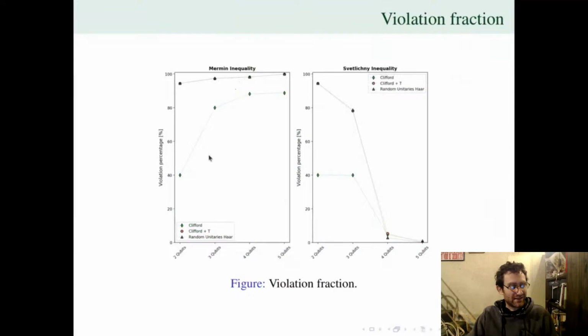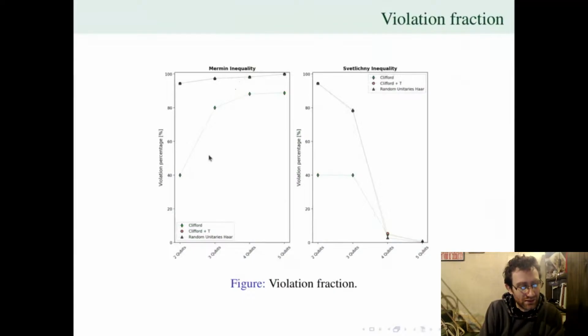And this is interesting because the Mermin inequality is sensitive to plain non-locality, in the sense that if a state violates the Mermin inequality, then you're sure that it will not obey local realism. But you cannot discard using Mermin a situation in which some bipartition can be described using local realism.